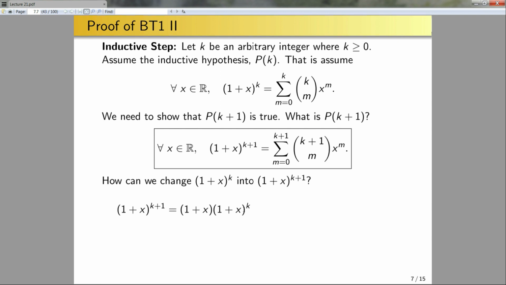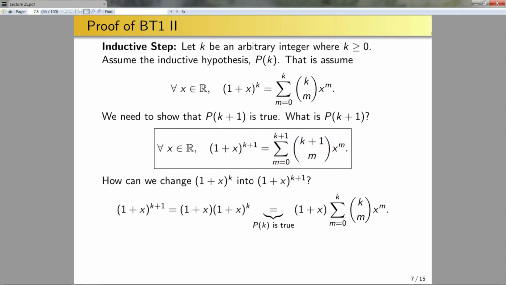And now I know that 1 plus x to the k is equal to the sum, so I can use my inductive hypothesis to replace this term with this finite sum. So now what do I want to do? I ultimately want to show that this highlighted expression can be written in this form here. That looks like it could be hard to do, and it actually isn't.